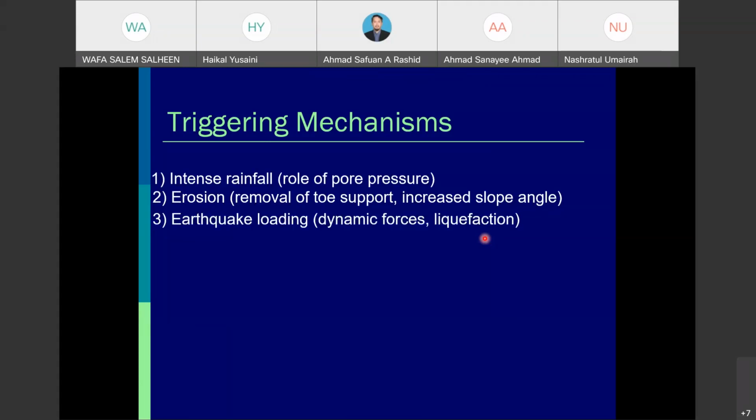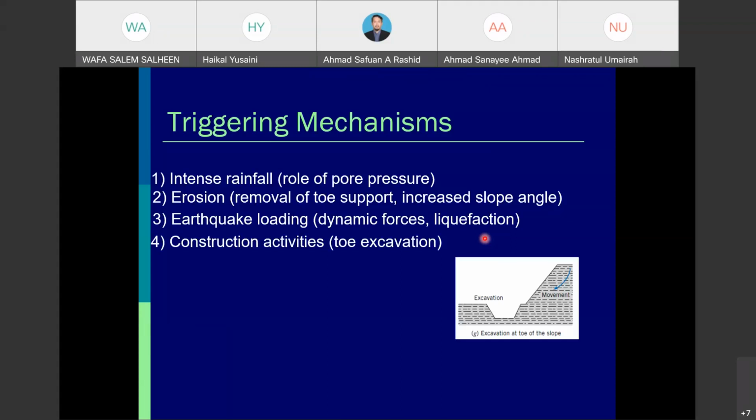Earthquake loading can contribute to the driving force and make the soil become liquid, or behave under liquefaction. Construction activities: this is some example of construction activities that can contribute to the decreasing of the factor of safety, especially when excavation has been carried out on the toe.